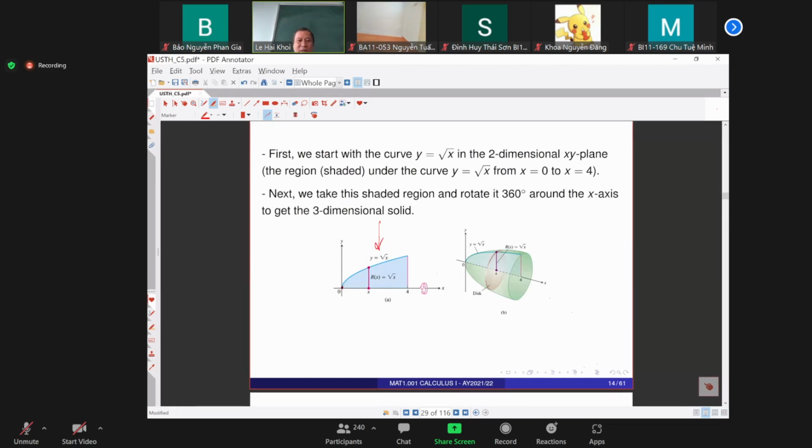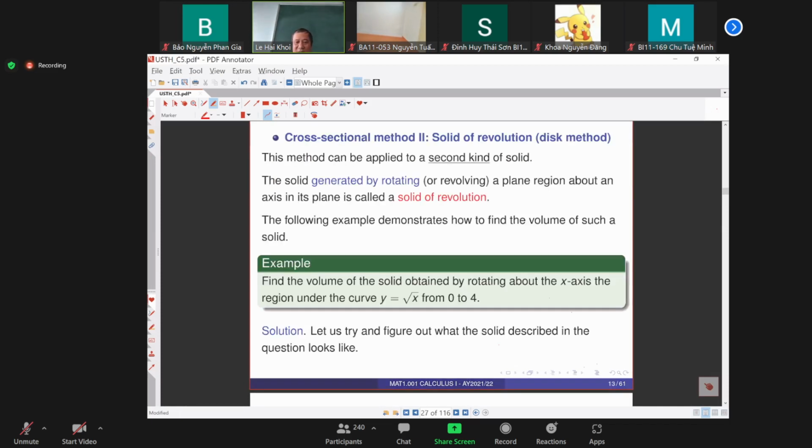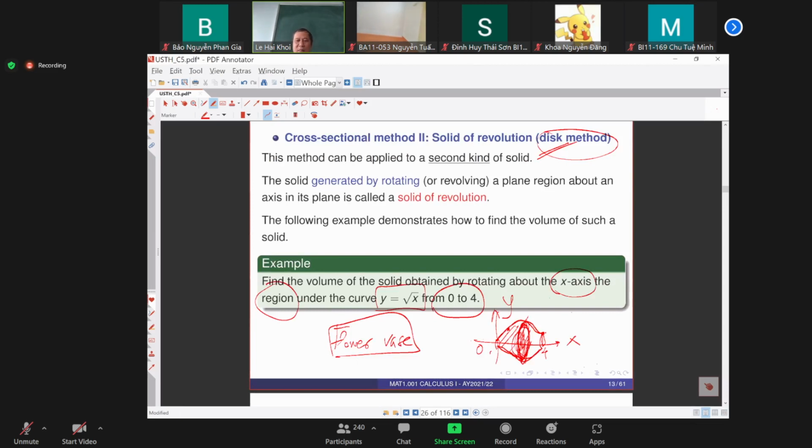In this case, when you rotate this side about the x-axis, you get that solid. Of course, it is not the same as the vase I wrote here, because here it doesn't pass 0, so you have the base, right? Here you don't have a base. It doesn't matter. You have such a thing.